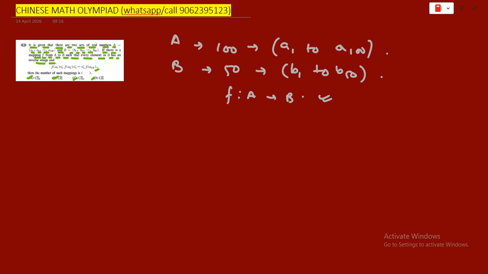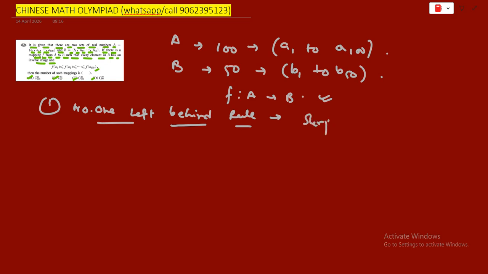Okay, first is the no one left behind rule. And what's that? Every element in B must have an inverse image. The mapping is surjective. Okay, so every bj must be picked at least once. No lonely elements in set B.